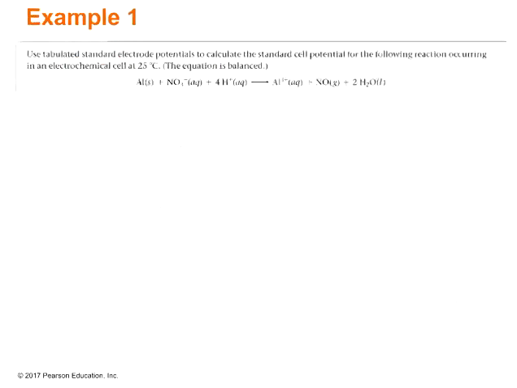So we have aluminum reacting with nitrate ions and hydrogen ions, and that's producing aluminum ions and nitrogen monoxide and water. All right, so the first thing we should always do is assign oxidation numbers and figure out what is being oxidized and what is being reduced.